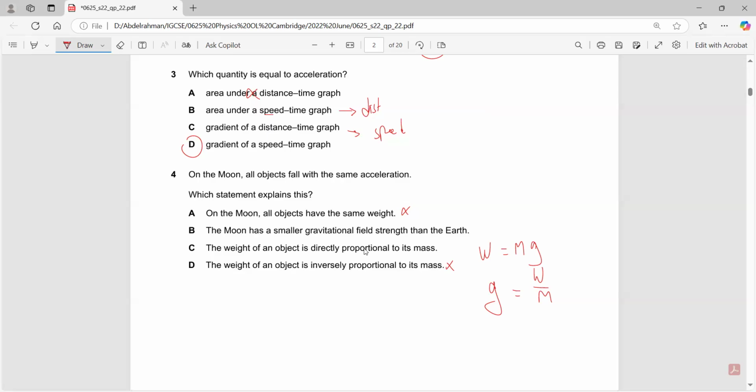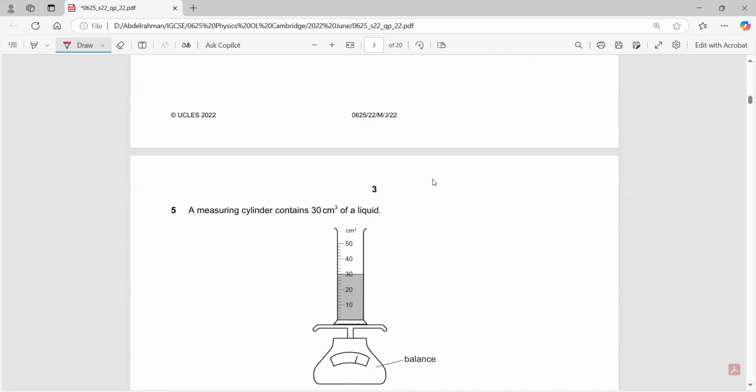On the moon, if you find the mass and the weight and divide the weight by the mass, g would also be constant, around 1.6 meters per second squared. That's why we say that it is directly proportional. I don't care whether it's smaller or not on the moon.